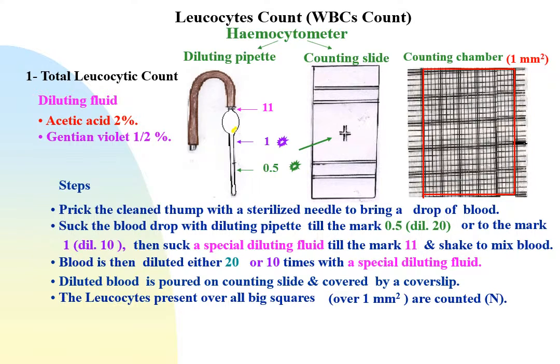If the number present in all big squares equals n, then the number of leukocytes present in a single cubic millimeter is calculated from the following equation. The number of leukocytes in a single cubic millimeter equals the number counted in all big squares, that is, the number present over 1 square millimeter, multiplied by 10, then multiplied by the dilution.